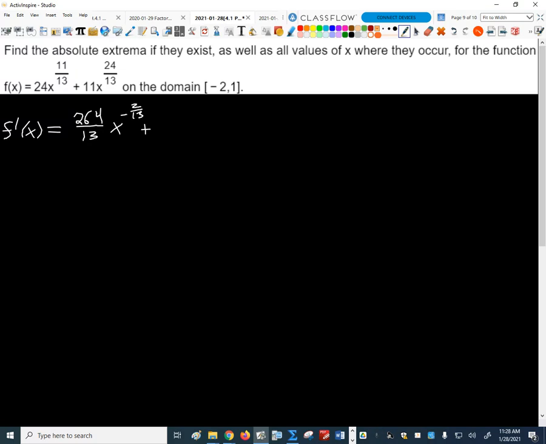Oh, that worked out well, didn't it? 264/13 times x to the 11/13.